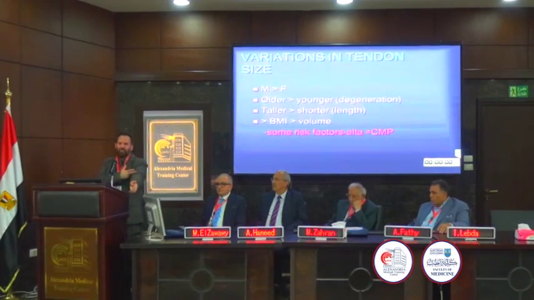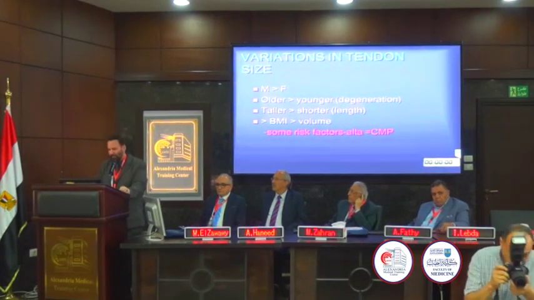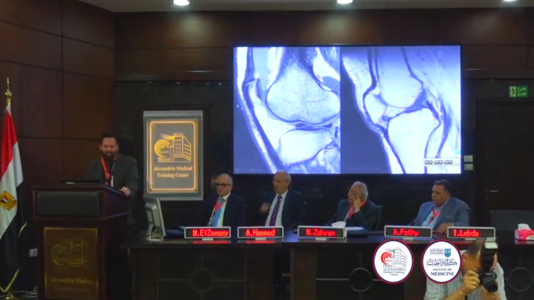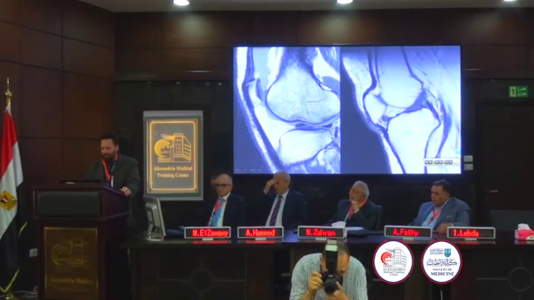They have a longer distance to travel from the muscle to the bone. Heavier people have bigger tendons than light people. They have more mass to lift. If I'm lifting my arm, my forearm may be heavier. So this is just an example of a variation of tendons. Not quite a patella alta, but a patella baja.